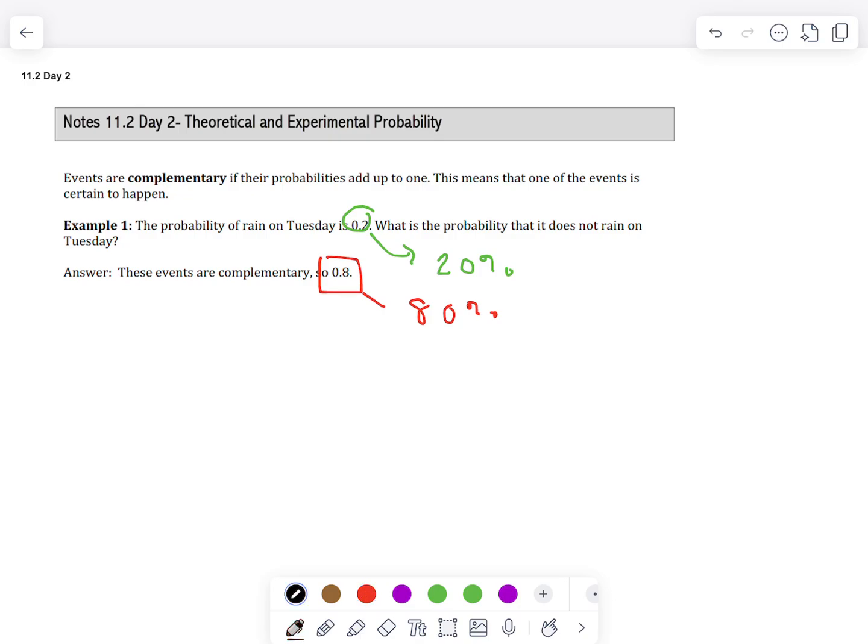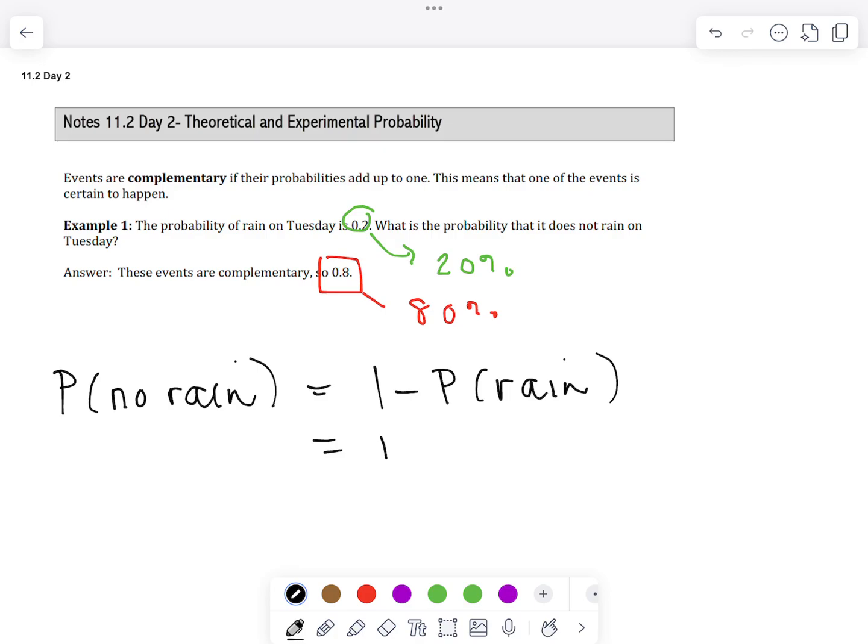And if you want to do this algebraically, the probability of no rain equals 1 minus the probability that it will rain. So 1 minus 0.2 is 0.8. That's how you can use our complements.